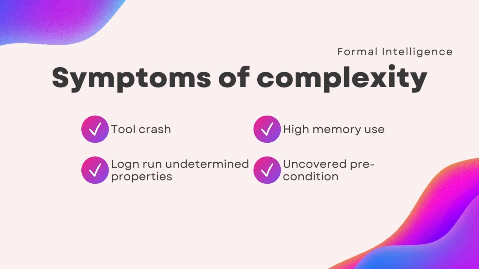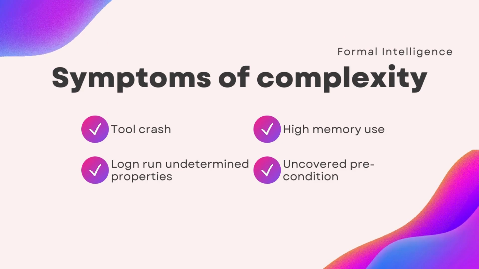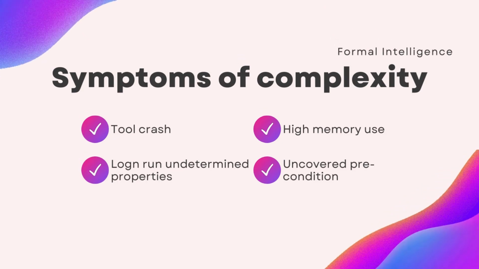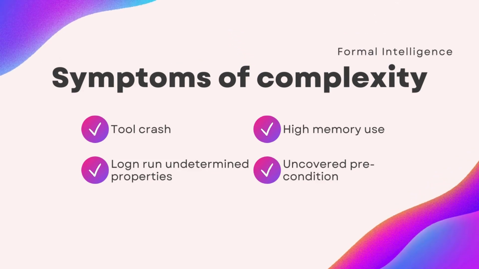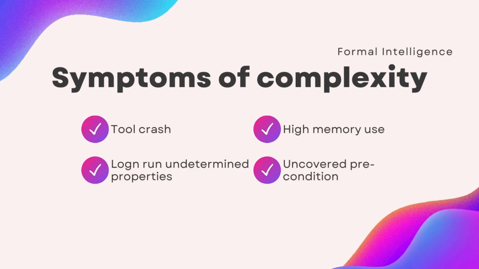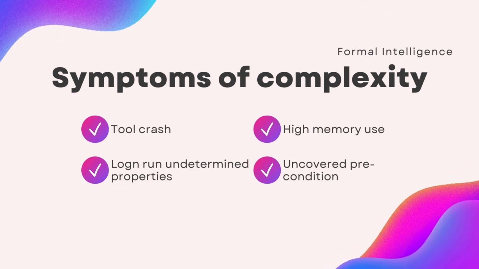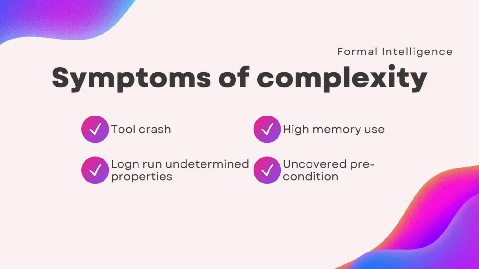First of all, how do you know if you're facing a complexity issue? These are the signs. If your tool starts crashing often, mostly complaining about high memory use, or in the long run, if you run it for a day or 2 days or even 3 days, and you see so many properties which are hitting certain bounds but not proceeding beyond that point.